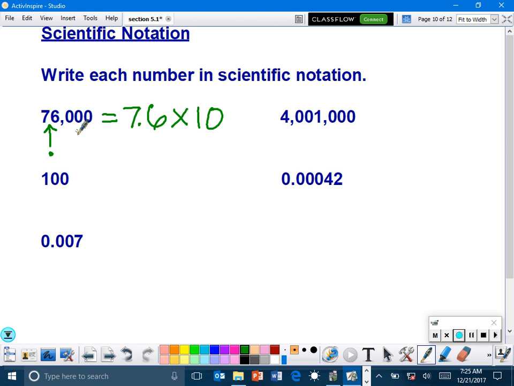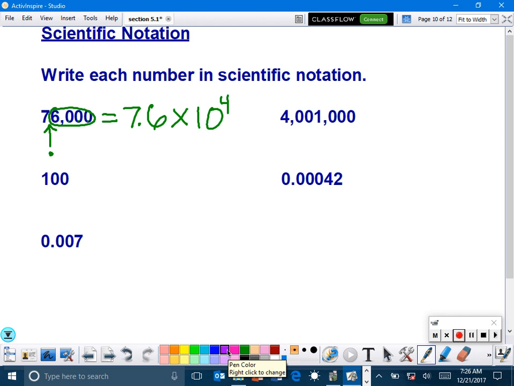Now, how many digits are there? 1, 2, 3, 4. These 4 would be behind it, but we don't want to write the zeros in. So we write 7.6 times 10 to the fourth power. Okay, now there is the calculator notation that we'll talk about here in a little bit, but let's continue with this first.